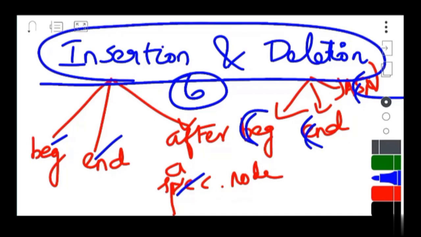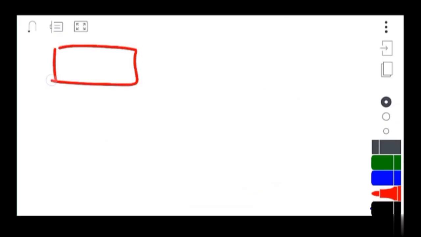First of all I'll give you the idea of how I'm going to do it, and after that I'll implement that using C programming. For all the examples I'm going to consider this linked list only.